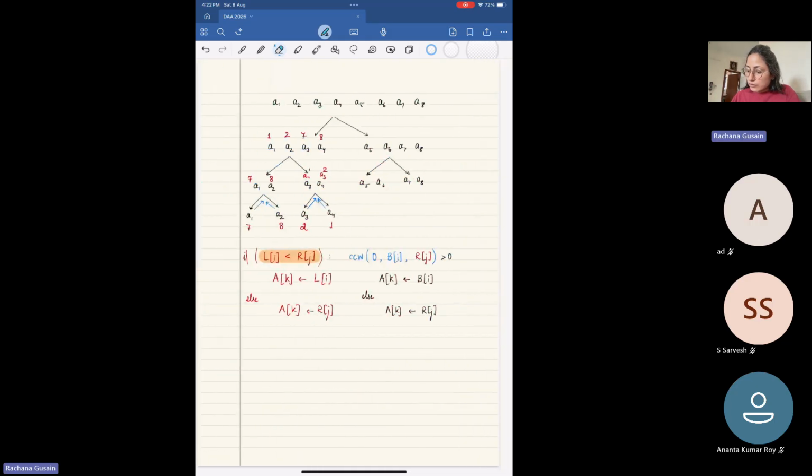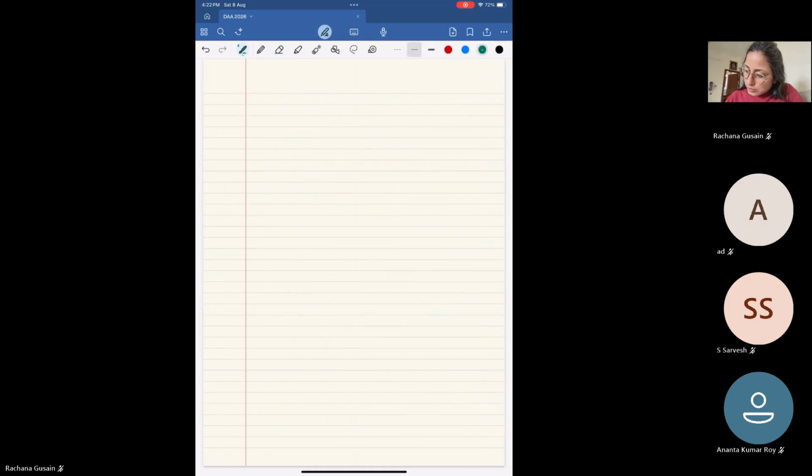Okay. So our input: given an n vertex convex polygon, where n is the input size. Essentially we are given the n vertices of the polygon. That is important.